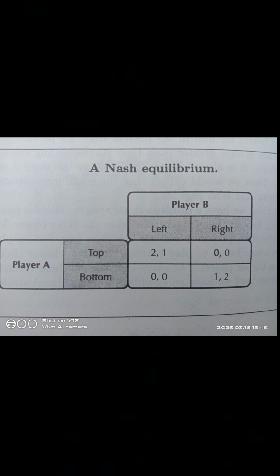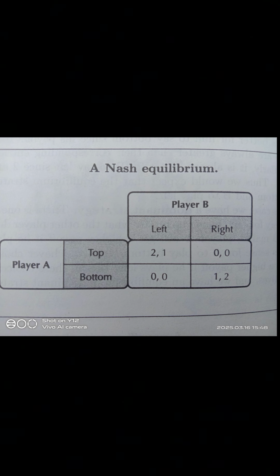When B chooses right, the payoffs to A are 0 or 1. So this means that when B chooses left, A will choose top, and when B chooses right, A will choose bottom. Therefore, A's optimal choice depends upon what he thinks B will do.